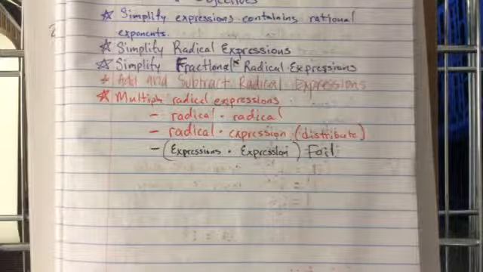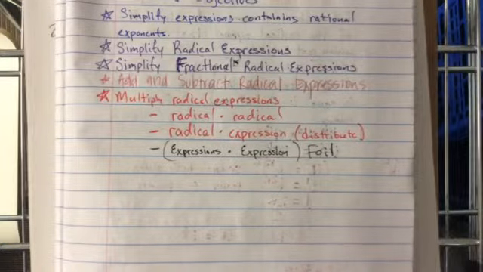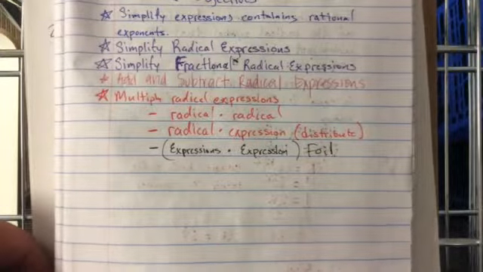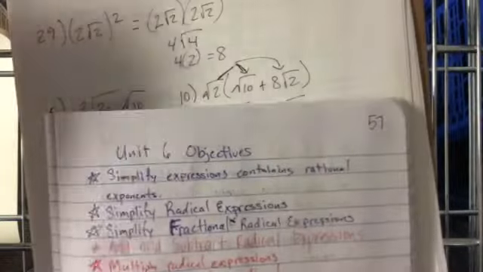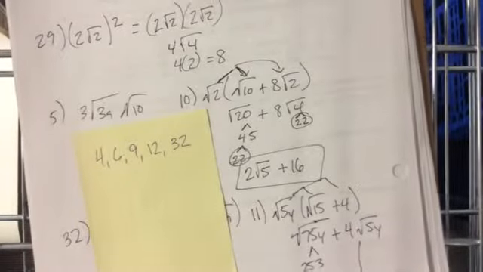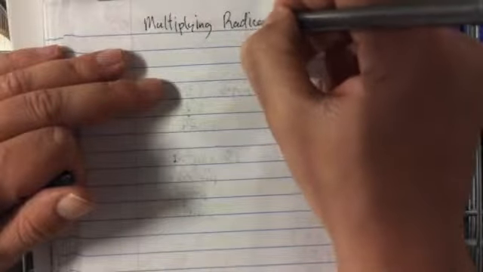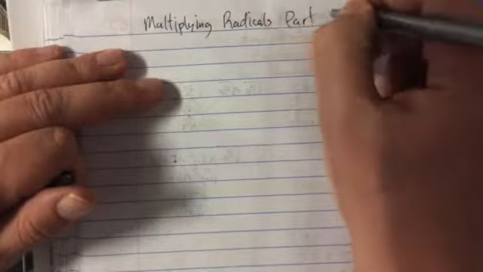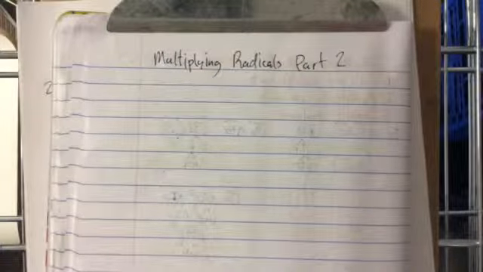Once we've got that written down, flip on over to 64. At the top of the page, multiplying radicals, part 2.